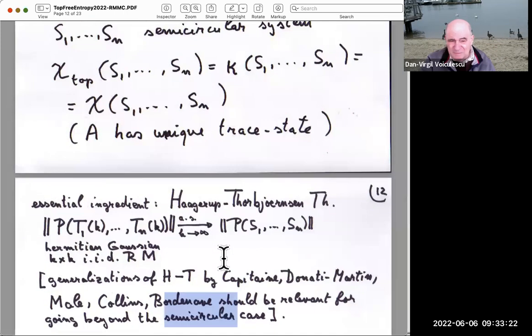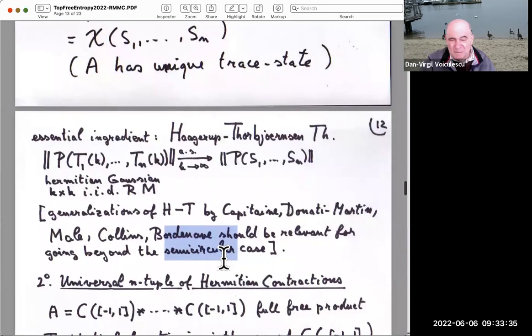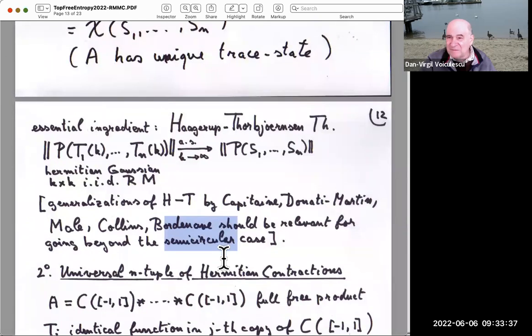There has been further work on this by Haagerup-Thorbjørnsen, Mike Capitaine, Donati-Martin, Camille Male, Collins, Bordenave, and others, going further about this. I think Benoit Collins will actually have one of the courses about such questions with norms of these random matrices.